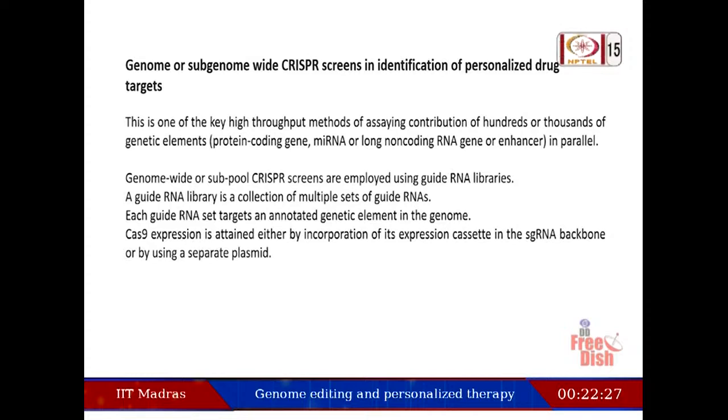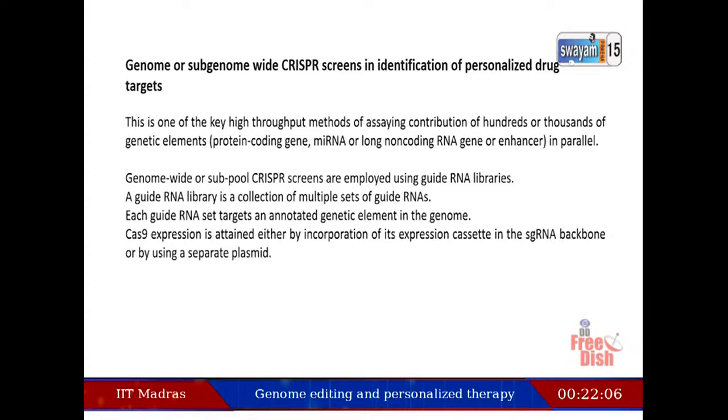This is one of the key high throughput methods of assaying contributions of hundreds or thousands of genetic elements in parallel. Genome wide or subpool CRISPR screens are employed using guide RNA libraries. A guide RNA library is a collection of multiple sets of guide RNAs. Each guide RNA set targets an annotated genetic element in the genome.